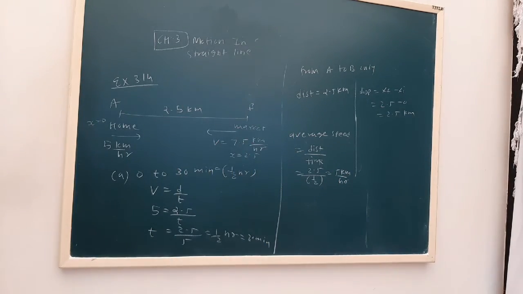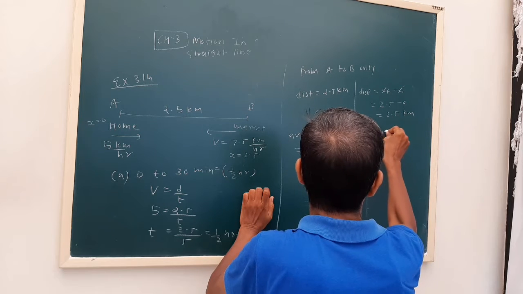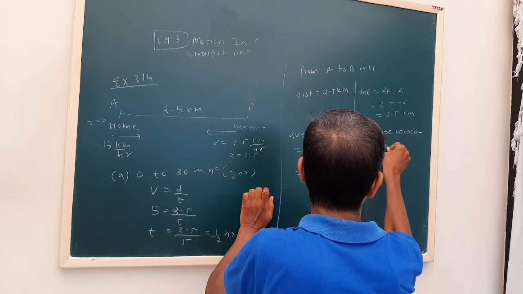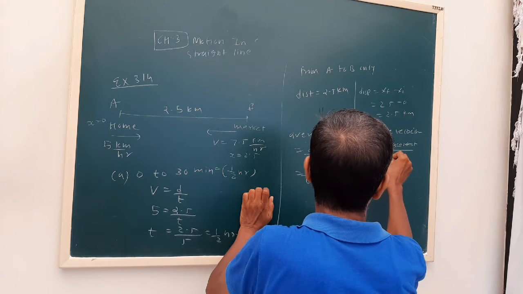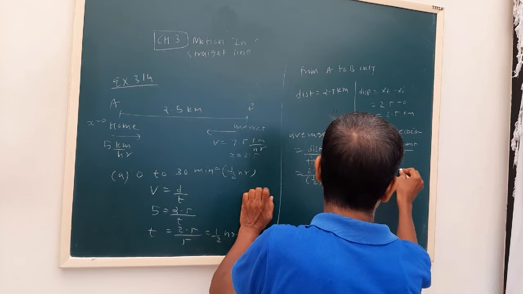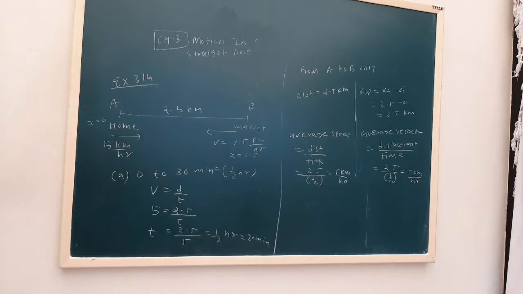Now average velocity is displacement upon time. Now this is the first part of this question.